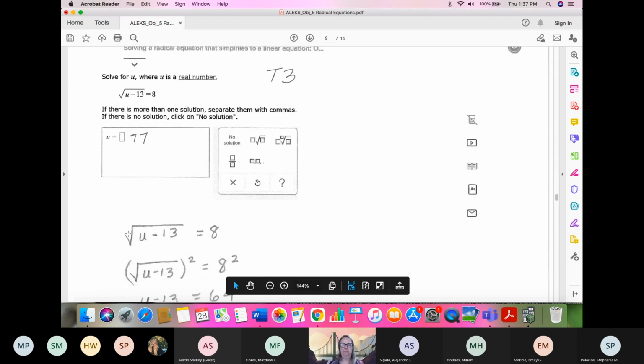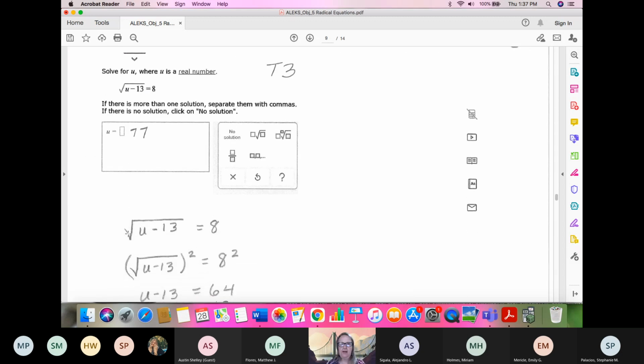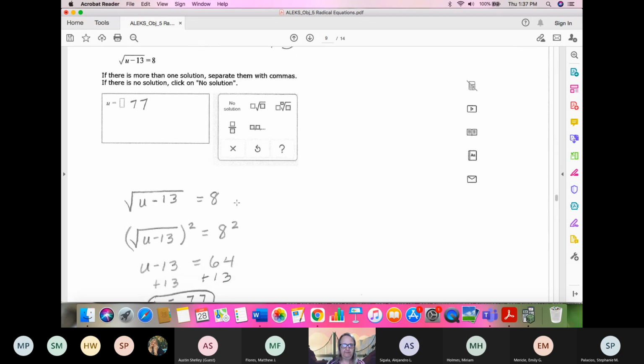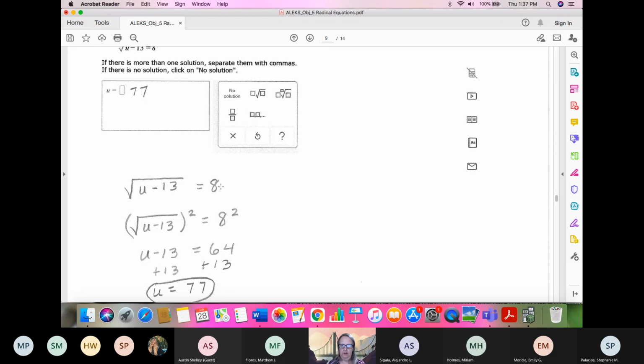Okay, so here's our problem. Step one is to isolate the radical, but it's already isolated. There's nothing out here. So we copy this down. Square root of u minus 13 equals 8. This radical is isolated, so we square both sides.